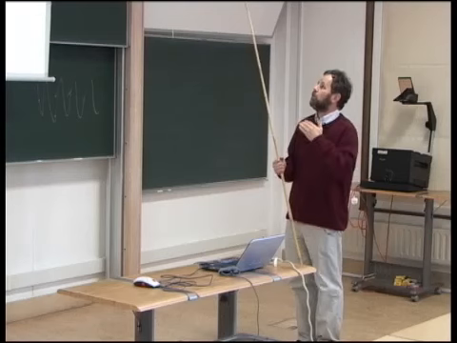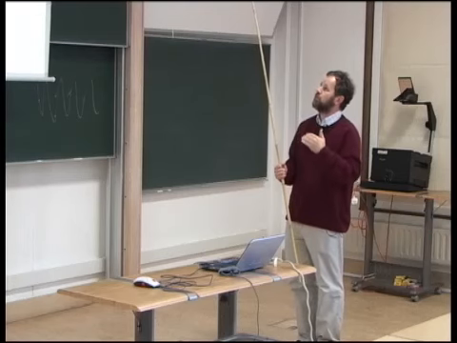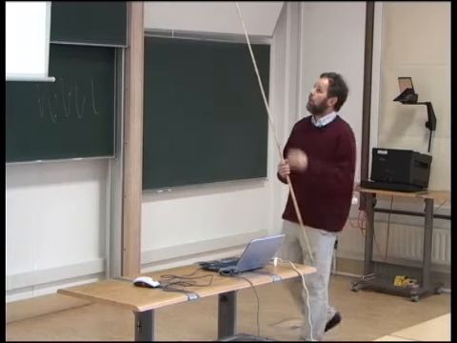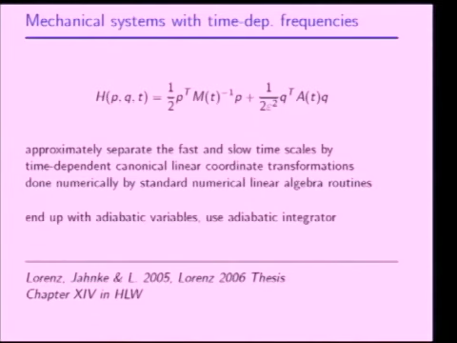So what we do is something of the spirit that we had in the previous example. We change coordinates in a way that we can separate the fast and the slow timescales in our systems, which are completely mixed up in this formulation. And we can do this by time-dependent canonical linear coordinate transformations. And the nice thing about it is that this can be done numerically by standard numerical linear algebra routines. So essentially what I need is a Cholesky decomposition of the matrix M of t and an eigenvalue decomposition of the stiffness matrix.